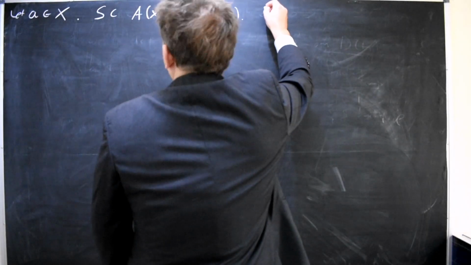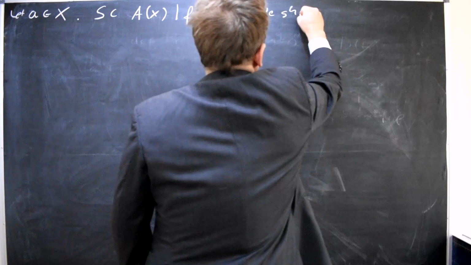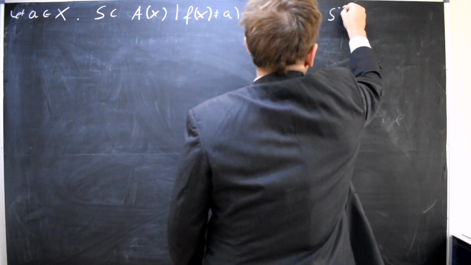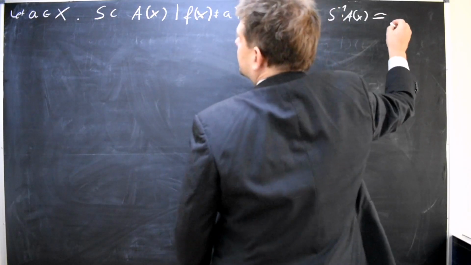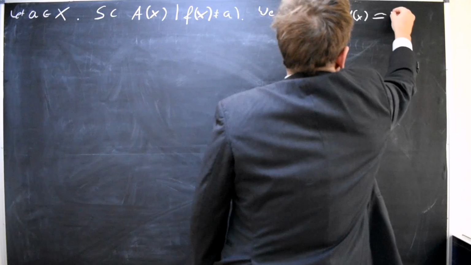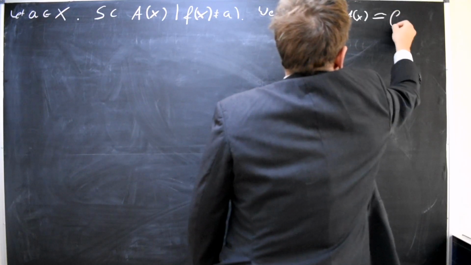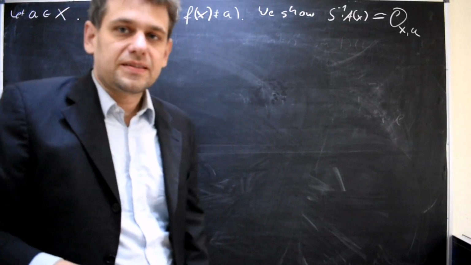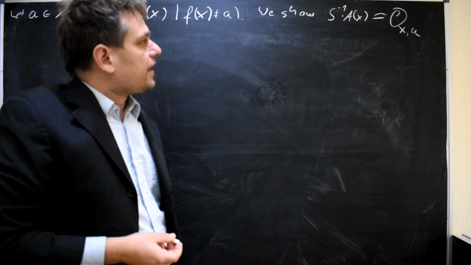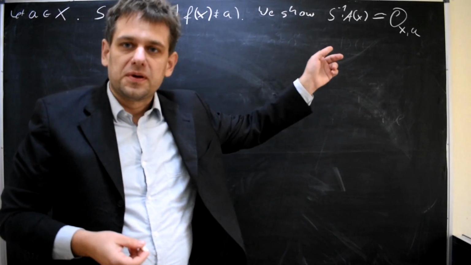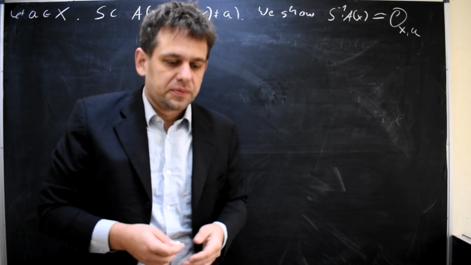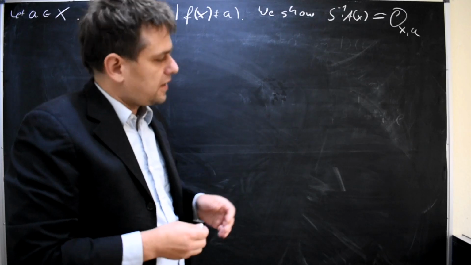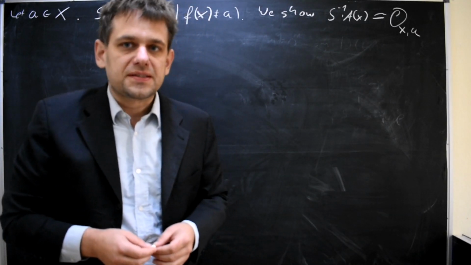And then there is, and this is the topic for this mini lecture, an isomorphism. We show there is an isomorphism S inverse A(X) with the stalk of X at A. And remember, the stalk is made up of equivalence classes of regular functions, and two regular functions get mapped to the same equivalence class if you can find a small neighborhood of A such that they agree on this small neighborhood.